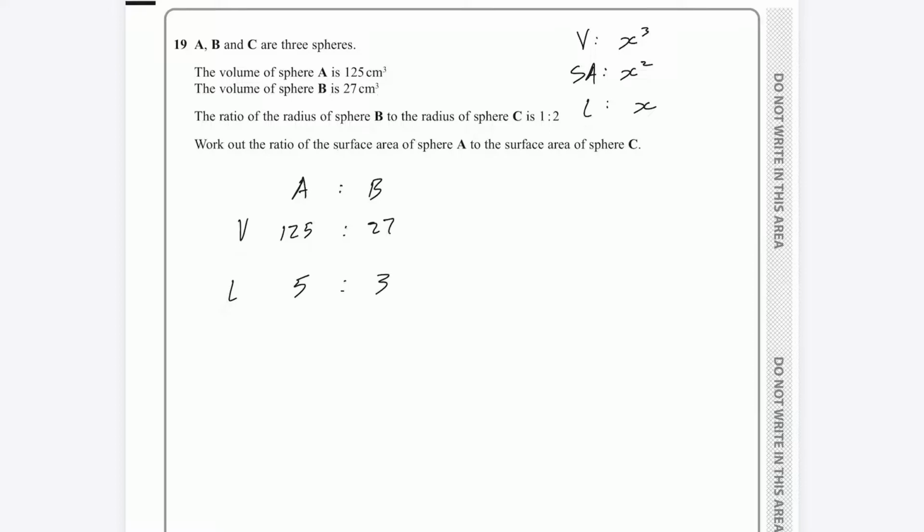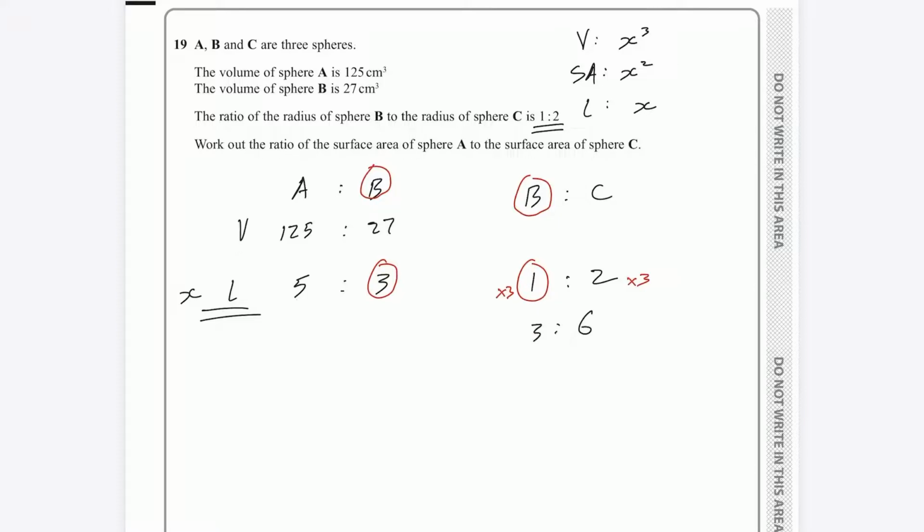And you'll see why we've done that in a second, because here they've given us the radius ratios. So they've told us B to C are 1 to 2, and these are all length or radius, so they represent x. So notice that they've both got B in them. Here B is 3, here it's 1. So I can multiply this by 3 and this by 3, and then that can be written as 3 to 6.